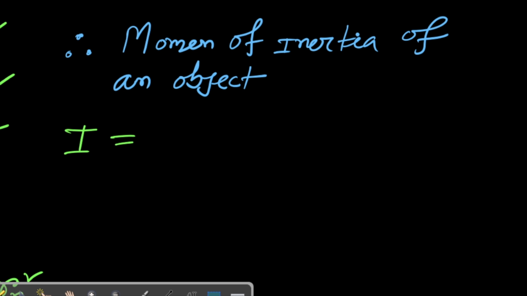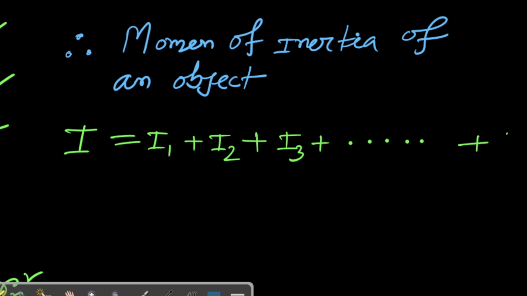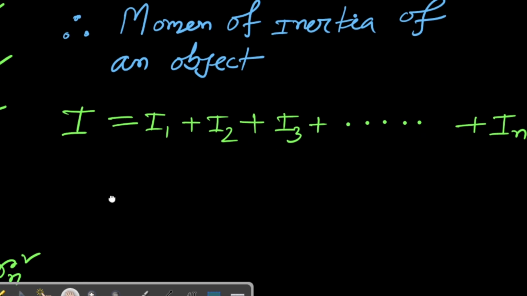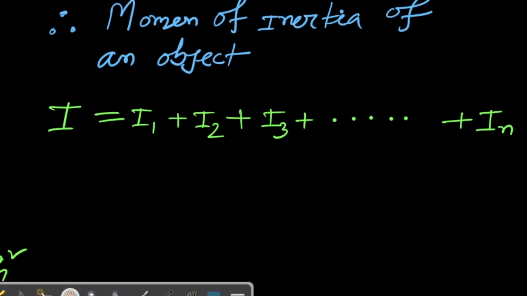So our duty is to sum the moments of inertia of all the particles. So I is equal to I1 plus I2 plus I3 plus dot dot dot plus In. This is the equation for the moment of inertia of an object.